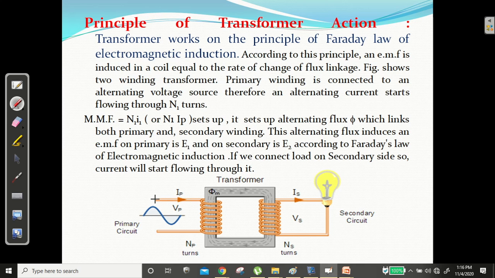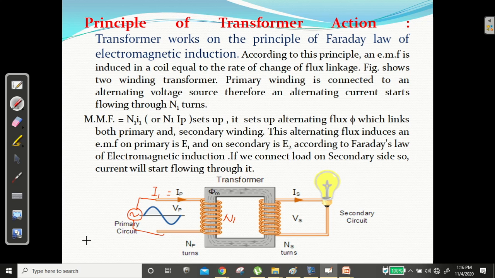Actually, when we give the supply to the primary, here we are connecting the source, an alternating voltage source. When you connect the source, current will flow, that is called primary current I1 or IP. This I1 links with the N1 turns of the primary.